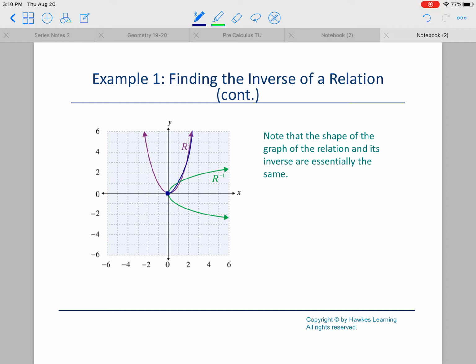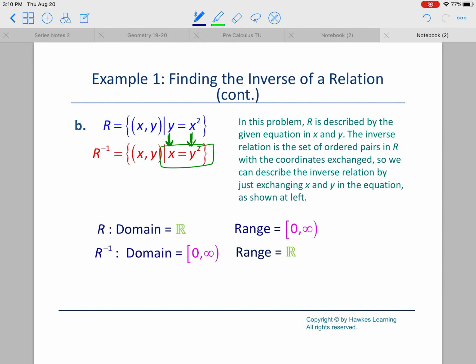As I keep going to the right and as I keep going to the left, I'm going from negative infinity to positive infinity. And then my range starts at 0 and goes up to positive infinity. So again, my domain is all real numbers, and the range of my original relation goes from 0 to positive infinity.